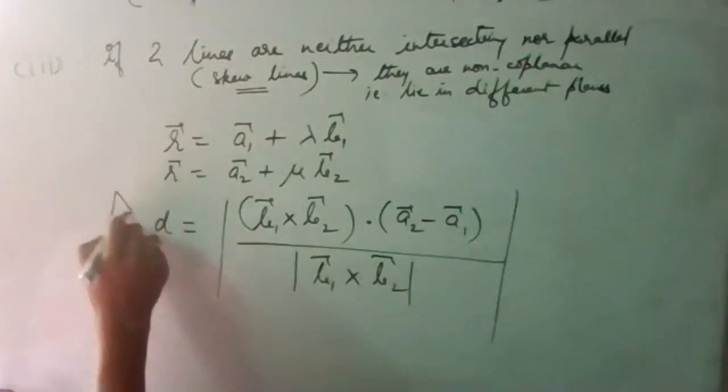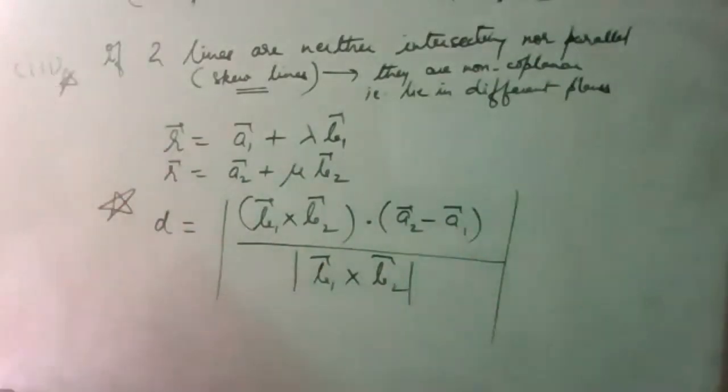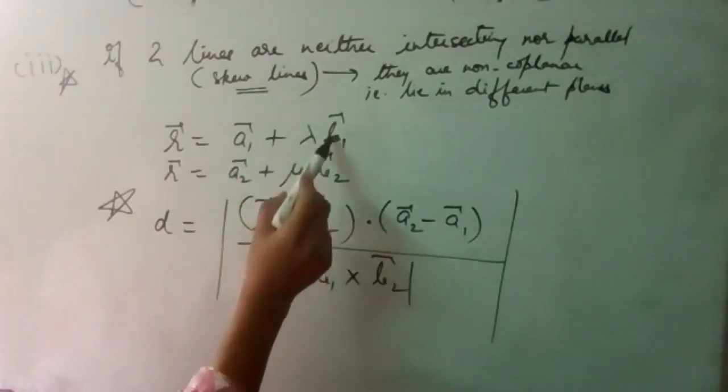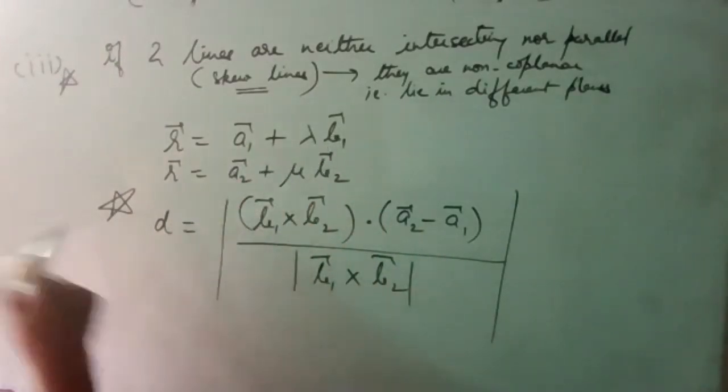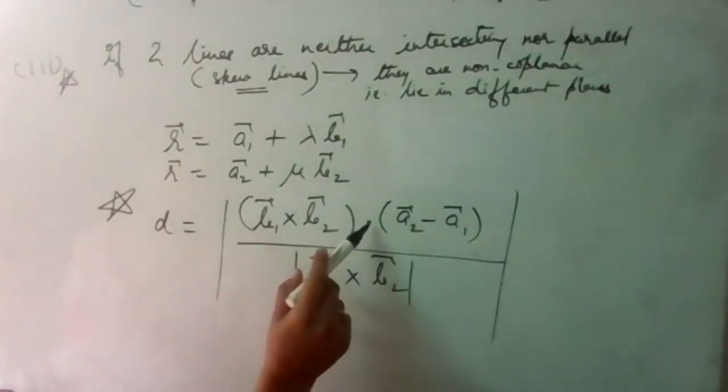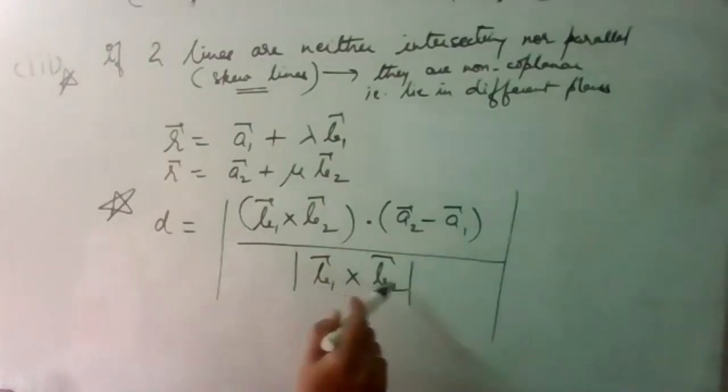Very, very important formula. We get 4 marks questions based on this formula, right? The lines are passing through different points and are parallel to different given vectors. Then the shortest distance between them is B1 cross B2 dot A2 minus A1 upon magnitude of B1 cross B2.